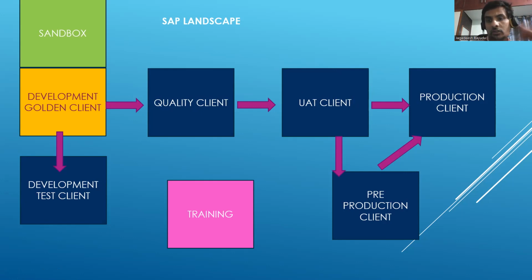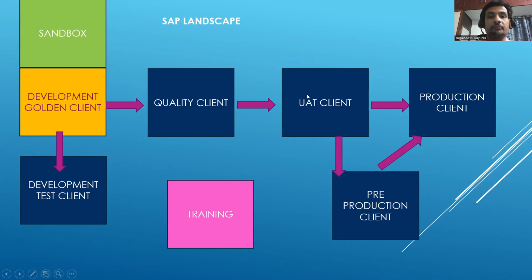Okay, so now let me try to explain. Once the user acceptance testing is done, the build will be ready to move to the production client. Production means the actual business system. The customer is going to go live with their account determination, or third party sales, whatever it is. I'm just giving an example.